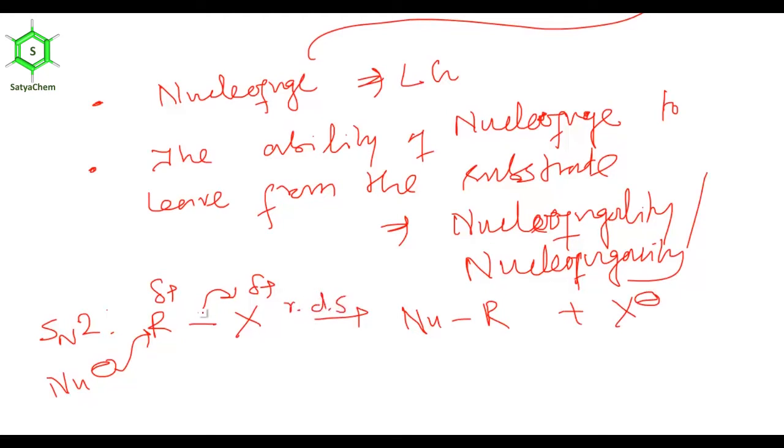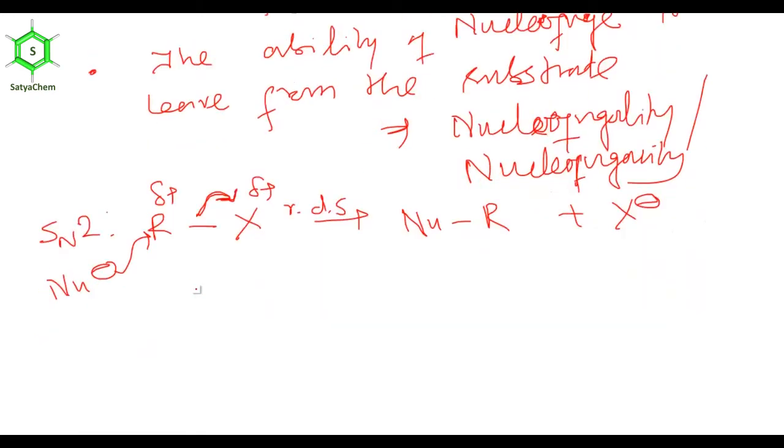So in the rate determining step, the bond breaking to the leaving group is involved. In SN2, it is a single step reaction, so obviously bond breaking to the leaving group is involved in this rate determining step. So the reaction rate of SN2 reaction depends on the leaving group.